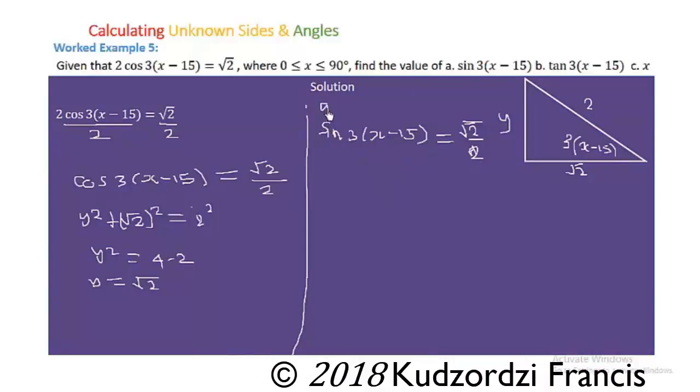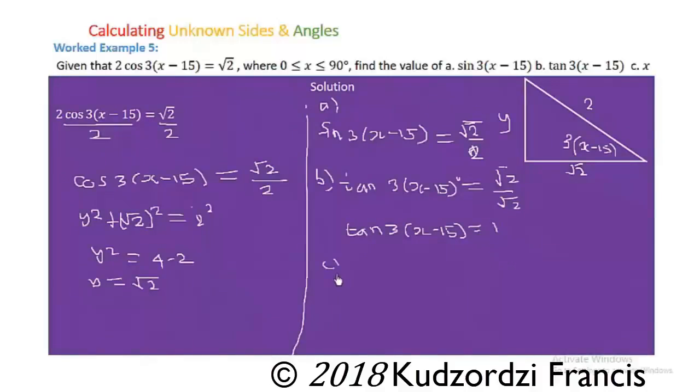So this is the A aspect. Then the B aspect. We find tan 3 into bracket x minus 15. So this will be equal to opposite, which is root 2, over adjacent, which is root 2. So tan 3 into bracket x minus 15 will now be equal to 1.